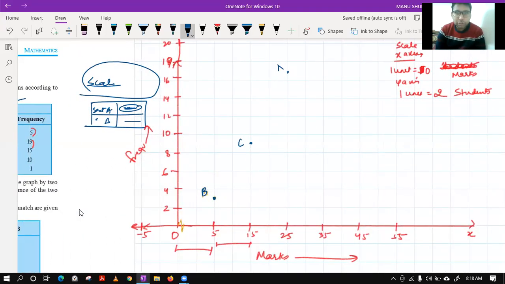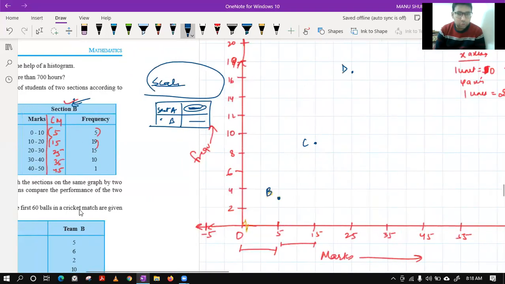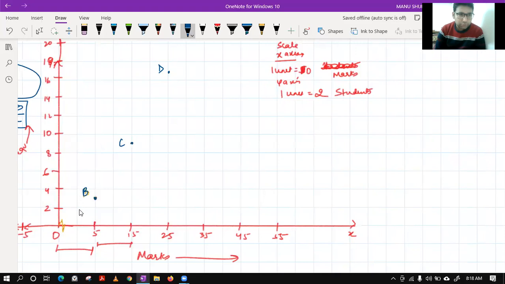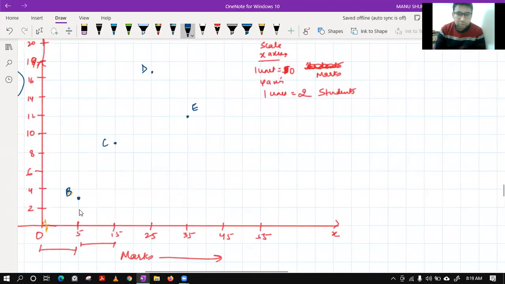Let me call it point D. Then we have 35 comma 12, this side. The last one is 45 and 9. So 45 and 9, it will be here.